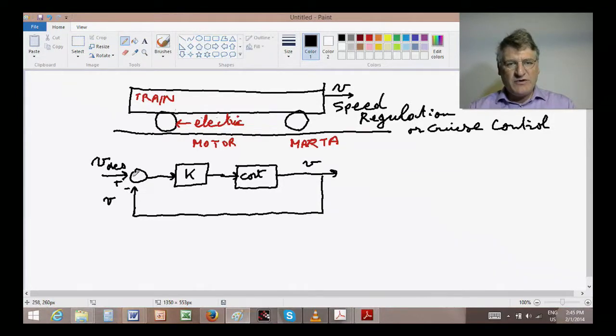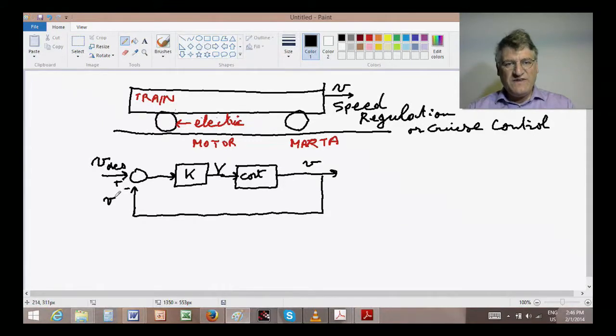You can clearly see what happens. As long as V is different from V desired, there will be an input into the system which will be a voltage, such that that voltage tells the electric motor and therefore the cart to move faster up until V reaches V desired.